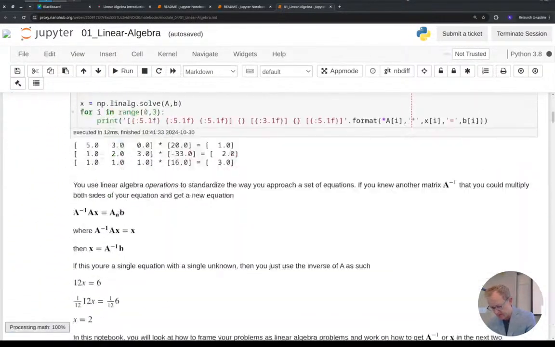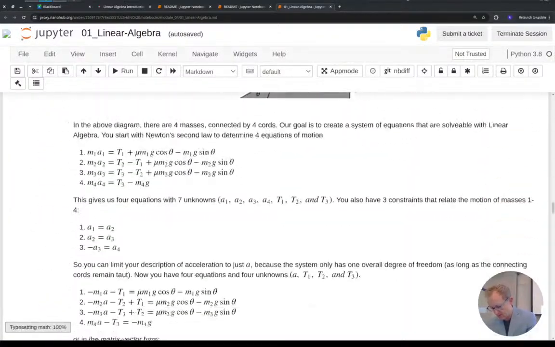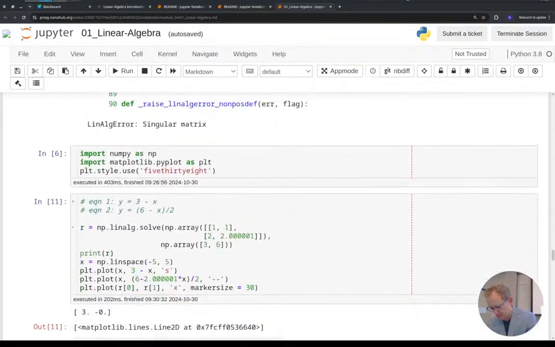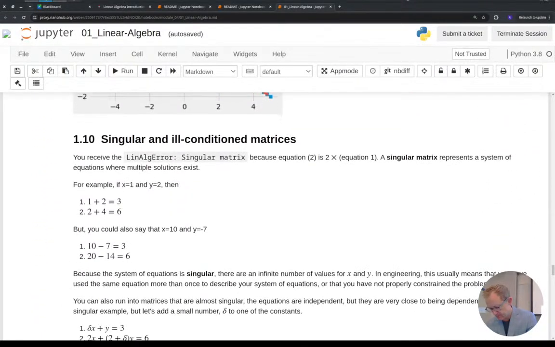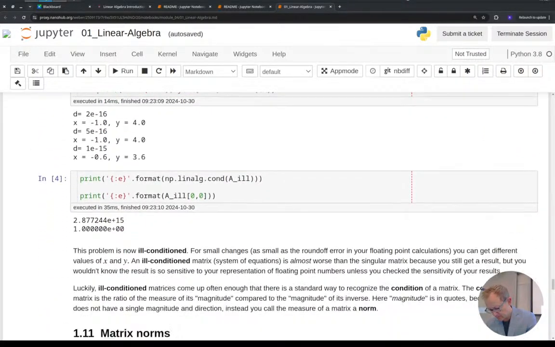So let's skip down to where we're talking about the condition.